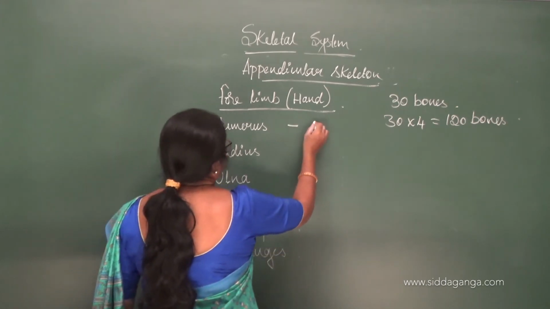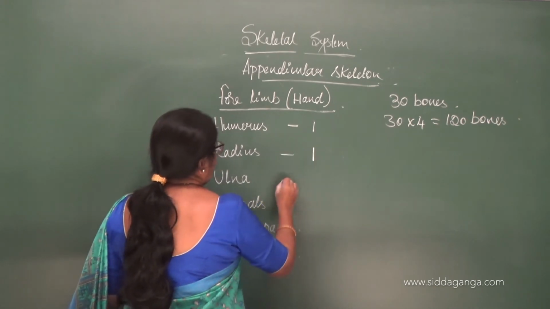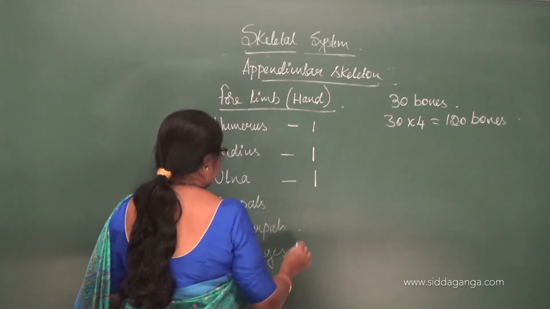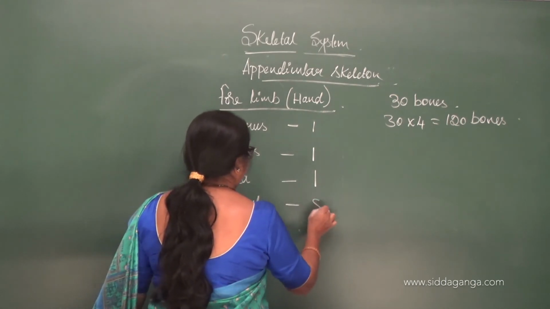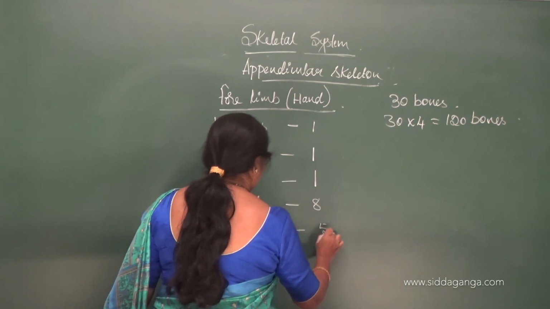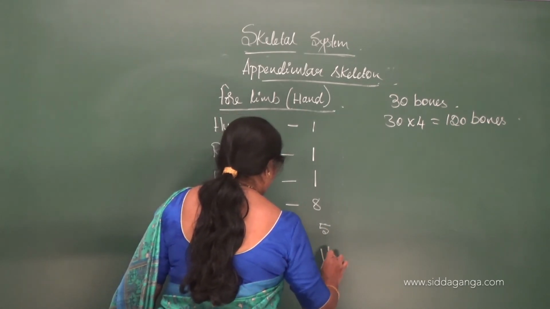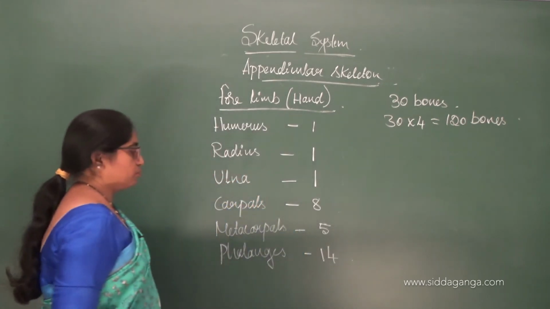So humerus is 1 bone, radius is also 1 bone, ulna is also 1 bone, carpals, they are 8 in number, metacarpals, they are 5 in number, and the phalanges, they are 14 in number.